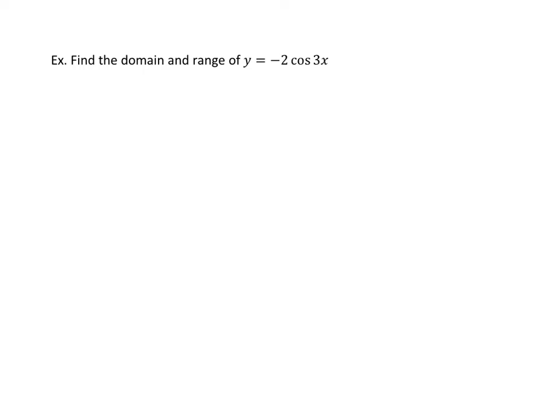Okay, now let's move off of our regular graphs and think about a translated graph. Okay, what's this graph going to look like? It's a cosine graph. All cosine graphs go left and right infinity, so I know my domain is going to be negative infinity to positive infinity.